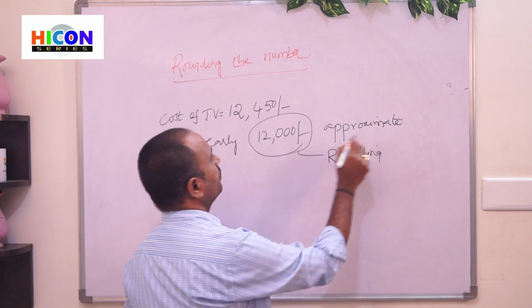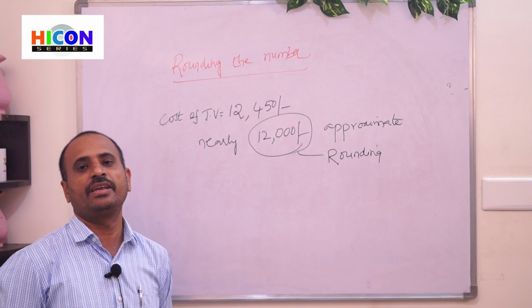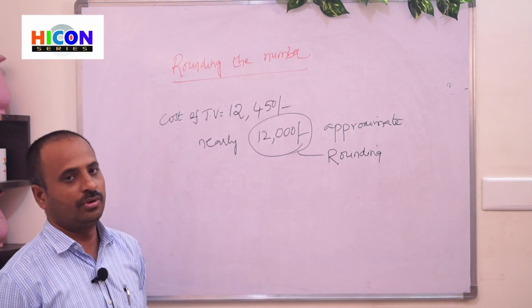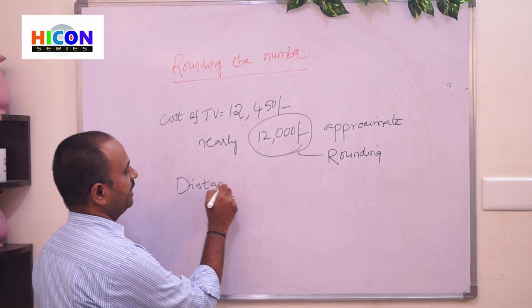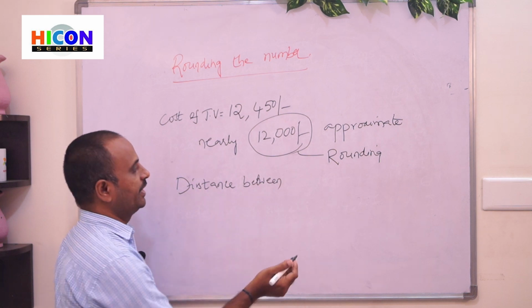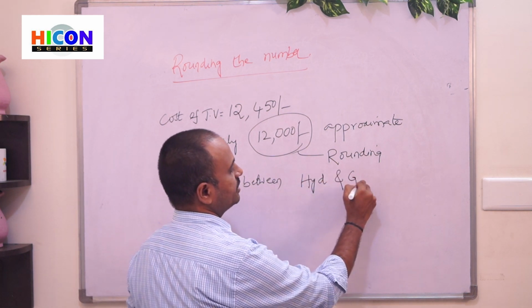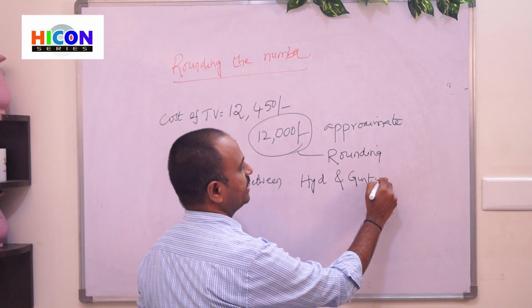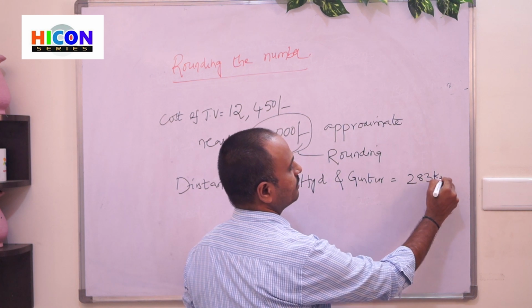In this way, we can use this concept of rounding in some situations in our daily life. For example, the distance between Hyderabad and Guntur is exactly 283 kilometers.